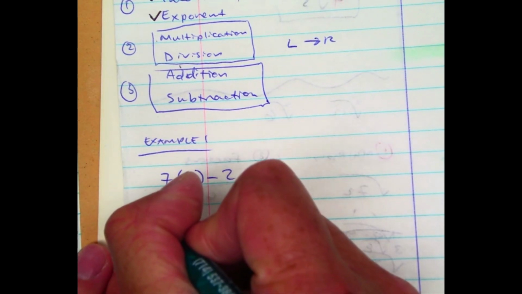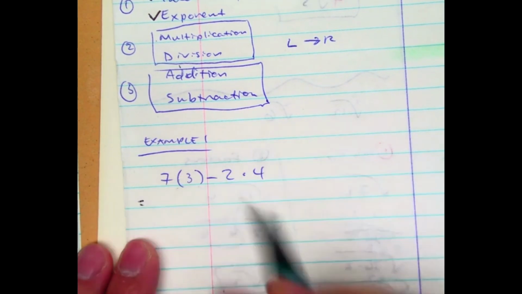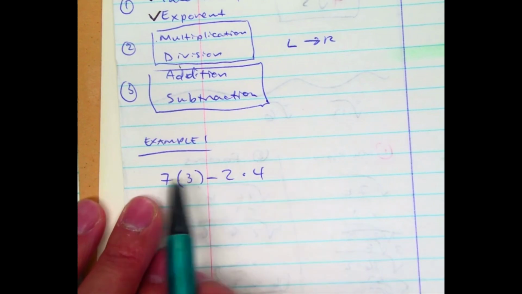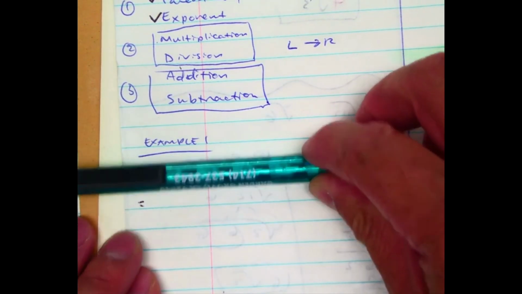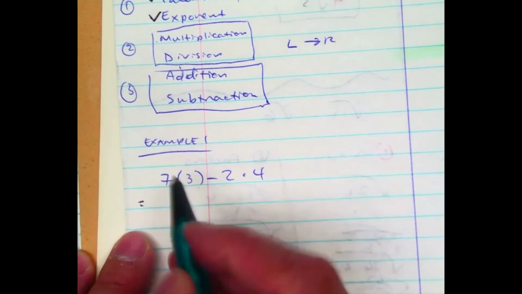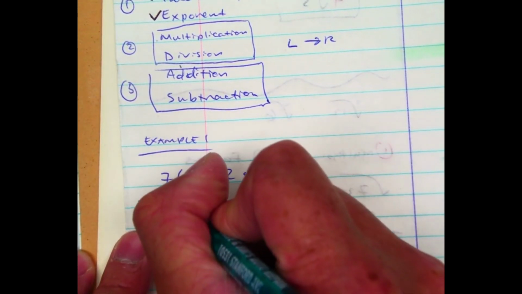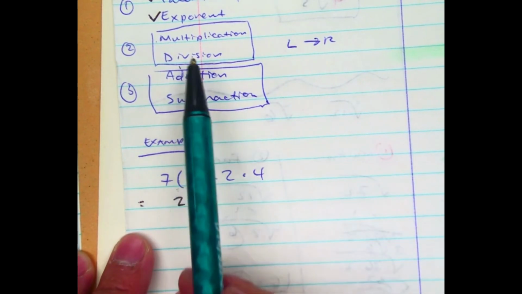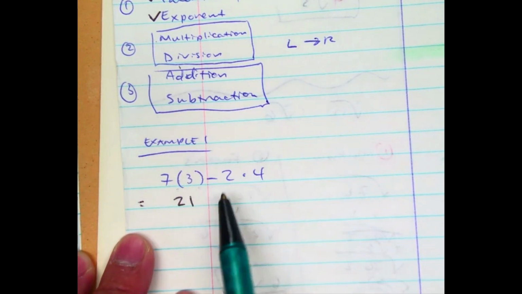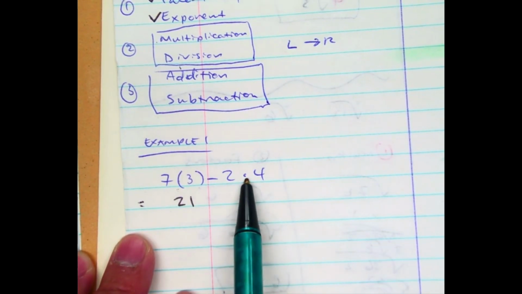Multiplication. Now I'm going to introduce an equal sign. This is an expression, we're just simplifying it, but the reason why I'm introducing an equal sign is to show that this line is equivalent to this next line. So 7 times 3 is 21. Now, I'm still going left to right and I'm looking for multiplication and divisions. So there is multiplication.